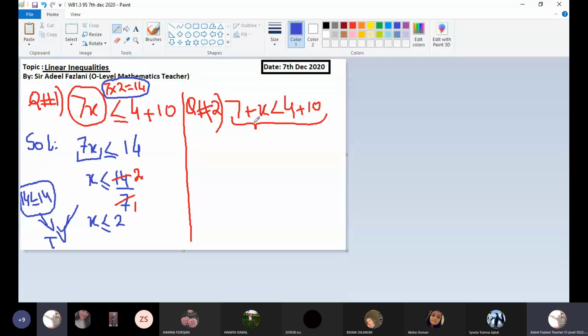Now, can you tell me what is the answer for question number 2? 7 plus x is less than 14. Then 14 minus 7, x is less than 7.